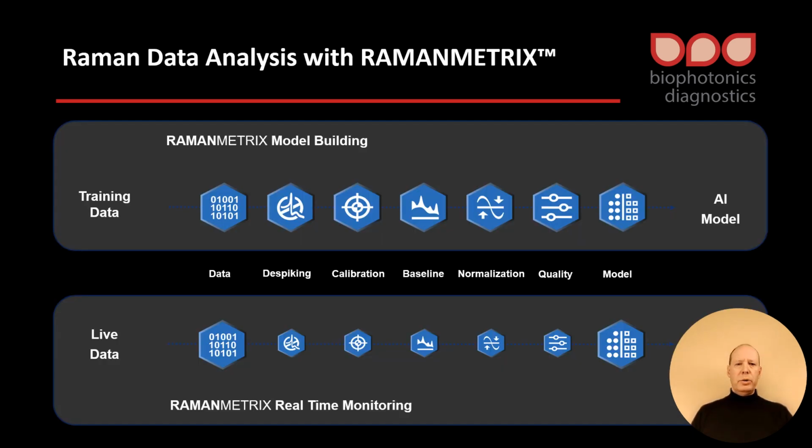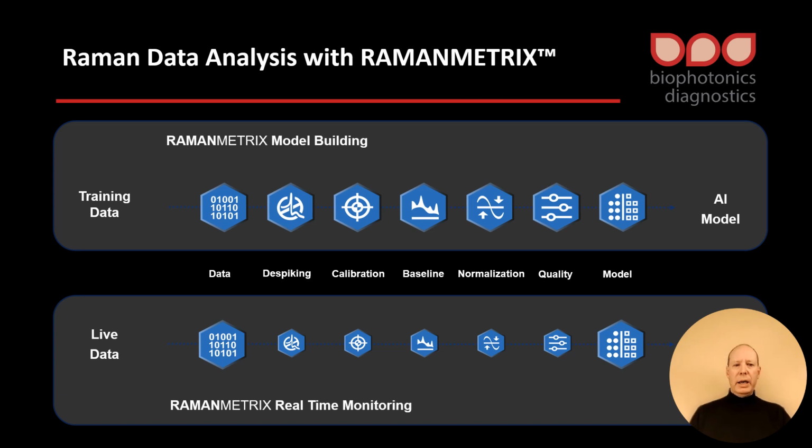In this picture, you see in the upper part the steps of the analysis pipeline we went through step by step, and it's for building the artificial intelligence model. And in the lower part, it needs to go through the complete pipeline again, but automatically with that built model.